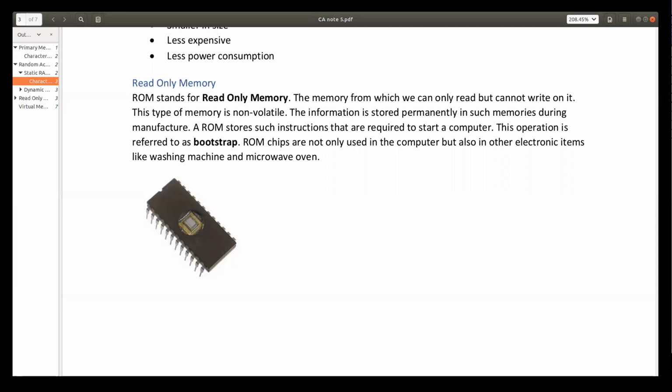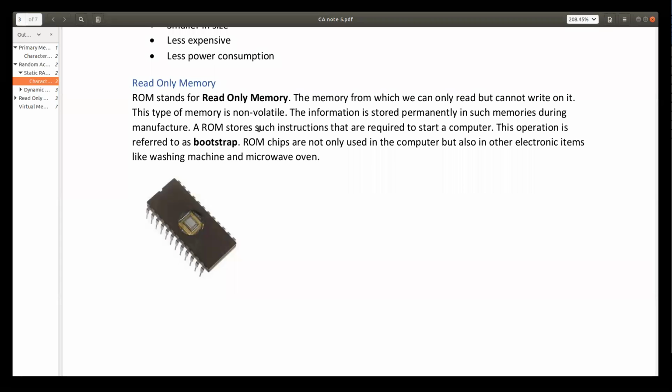Whenever we start up our computer, the instructions stored in the ROM get activated, and finally they load our operating system into the RAM. This procedure is known as booting, and it is done by the instructions stored in the ROM.